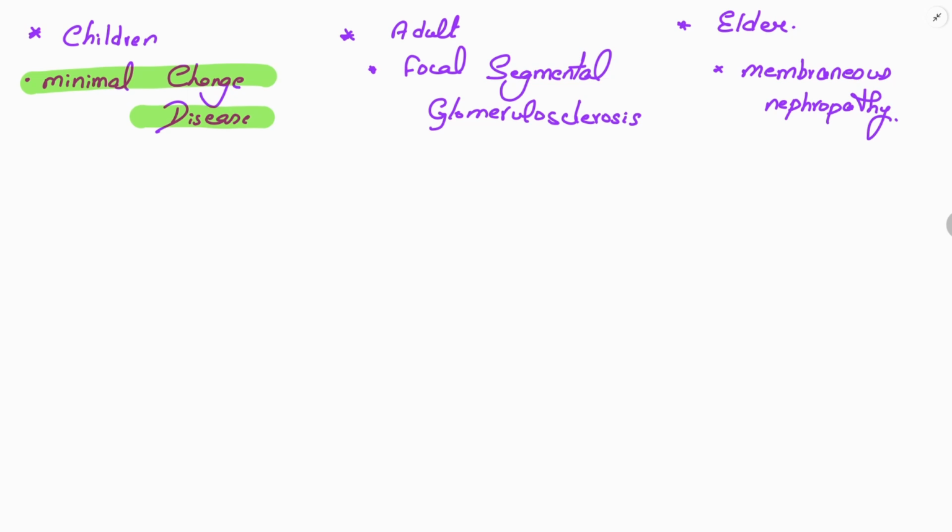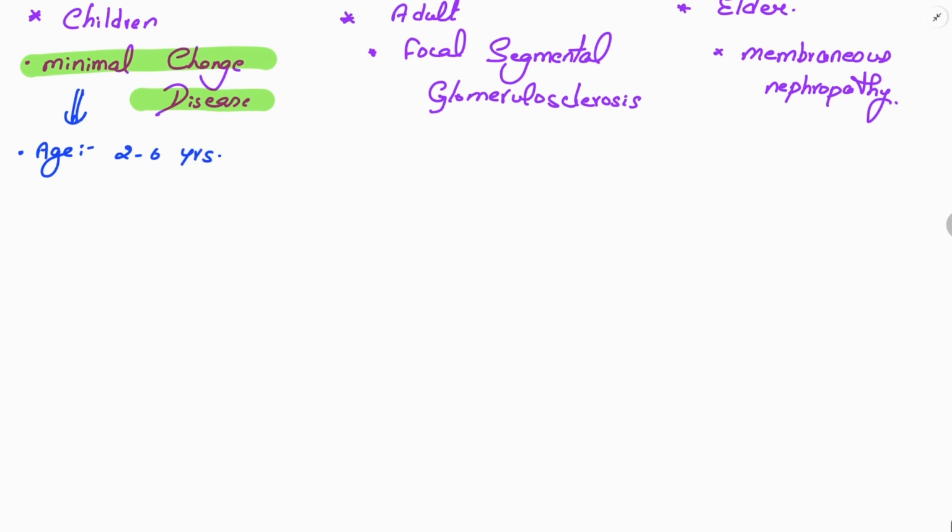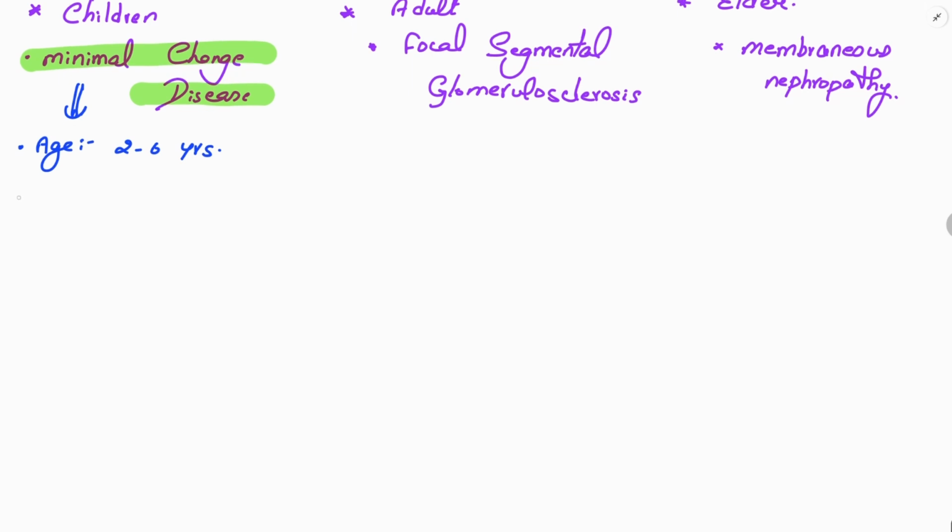Minimal change disease. So the first point is age. Mostly children 2 to 6 years old are affected by this minimal change disease, and it is also called nil deposit disease or lipoid nephrosis.